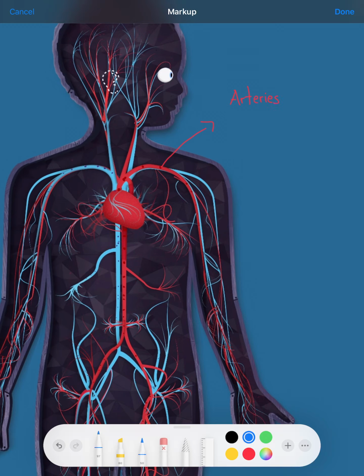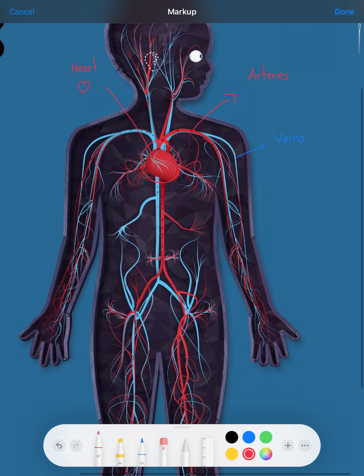The blue lines are called the veins. And just in the middle, we have something that we call, well, you know this one, the heart. Le cœur. So we have 3 different things here: arteries, veins, and the heart.